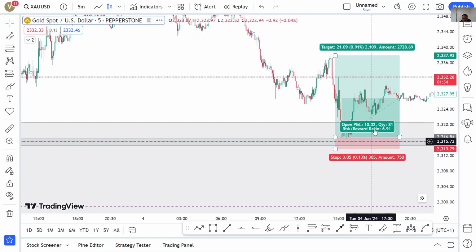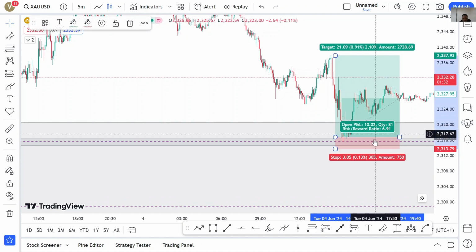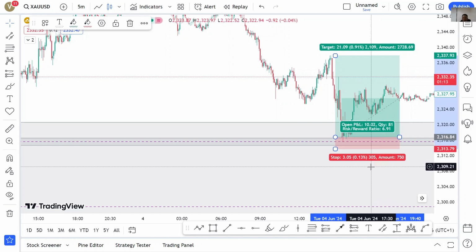There are actually 3 important numbers, but only one is very useful for us here, this center one. By default, TradingView measures the pips on gold in points. You are seeing 305 points. To know the pips, you divide this value by 10. So 305 divided by 10 gives you 30.5. So the pips at risk here is 30.5.